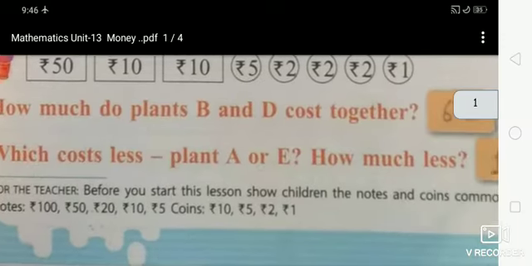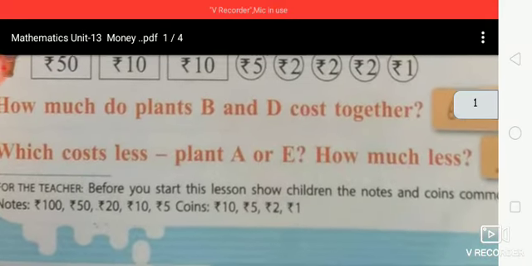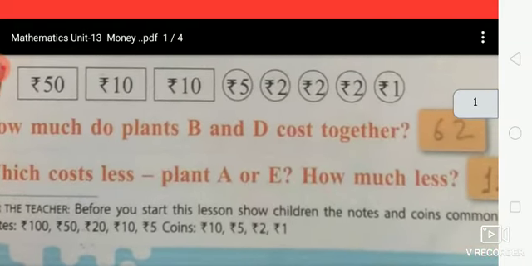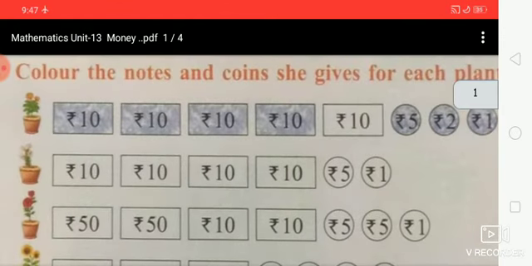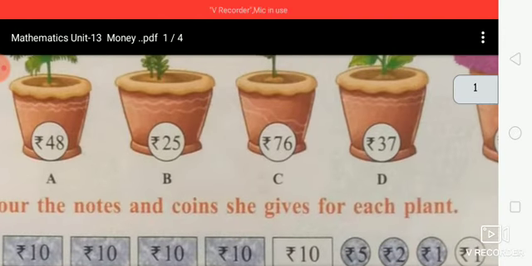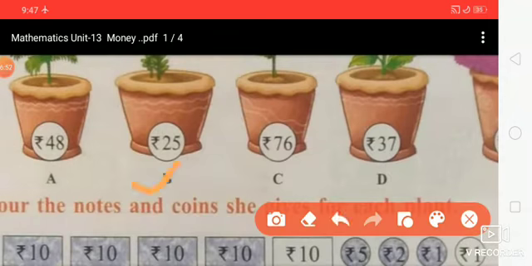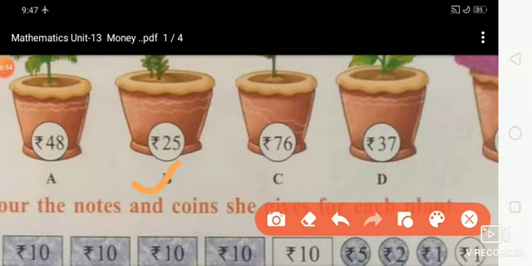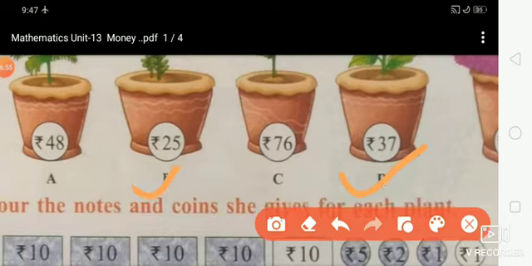Is that clear? How much do plants B and D cost together? Okay, look at the cost. B cost is 25 and D cost is 37.